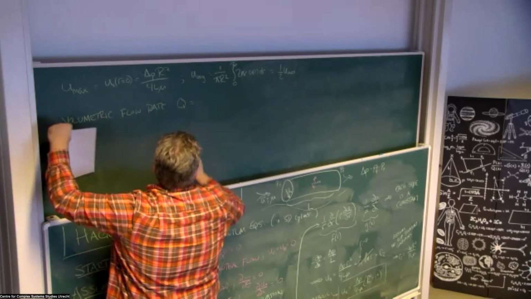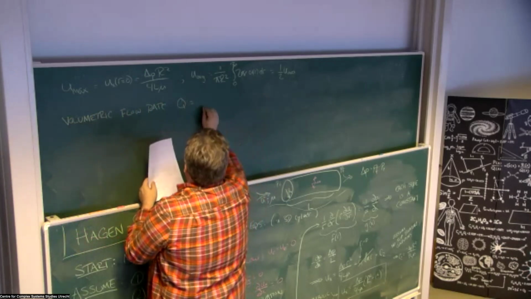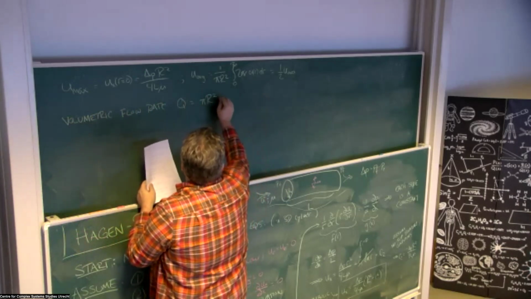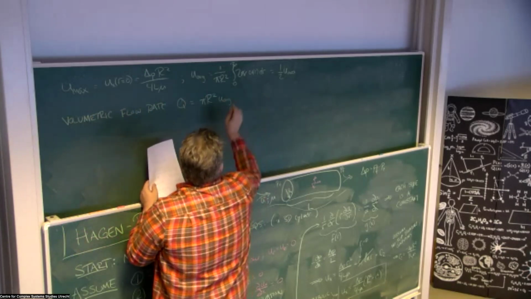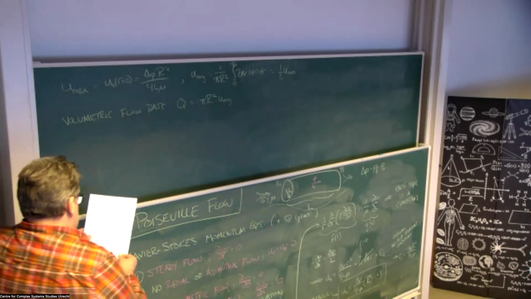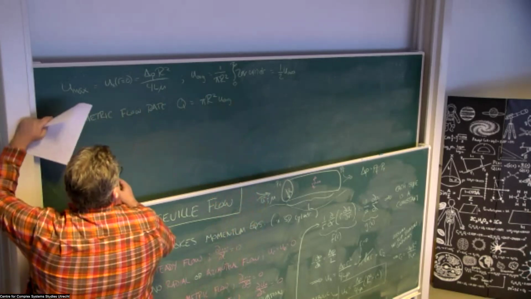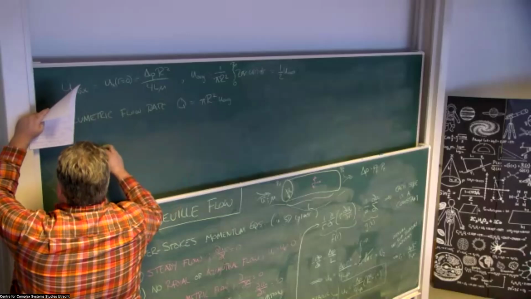Q. And so what's the volumetric flow rate? Well, it's got to be the cross-sectional area times the average velocity, right? So it's pi r squared times the average flow velocity. So that's going to be the volumetric flow rate. All right. And what is it? Well, you can just substitute everything in that we've gathered up now.